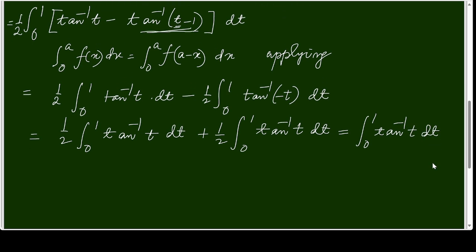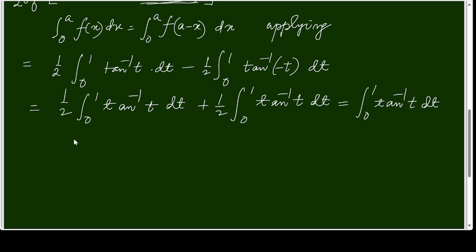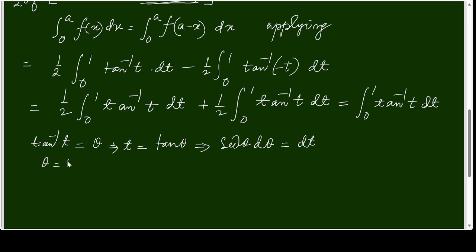Now, for integration of tan inverse t, I'll take tan inverse t as theta, so t equals tan theta, and sec square theta d theta equals dt. Replacing the limits again: t was 0, so tan theta is 0, so theta equals 0; the lower limit is 0, not 1.